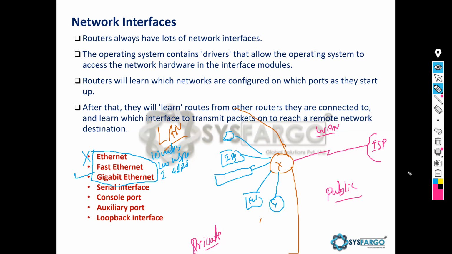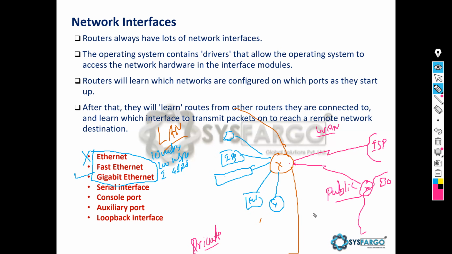Now, to connect from the router to the ISP, or I have another branch office, and in the branch office also I have a router. Consider this the headquarter. From the headquarter to the branch office, or from the office to the ISP, this comes into the WAN or public network.